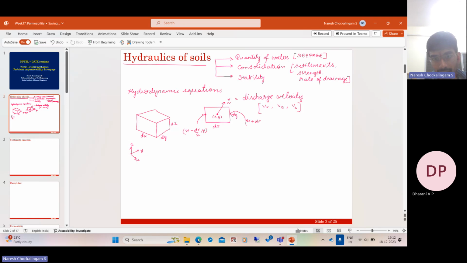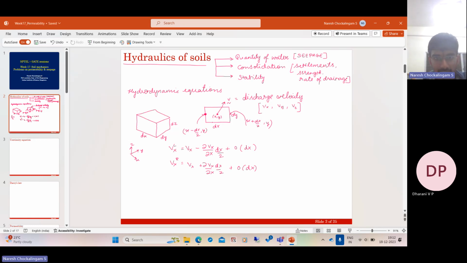Using the Taylor's expansion, the x component of the discharge velocity at the left face is Vx minus partial Vx with respect to x times dx by 2, plus higher order terms of the order dx square. On the right hand side, Vx right is Vx plus partial Vx with respect to x times dx by 2 plus higher order terms.